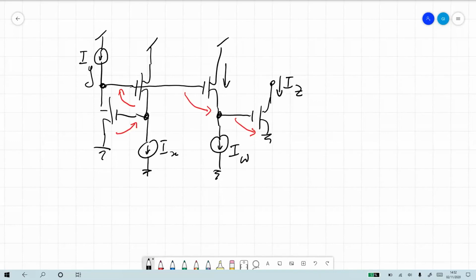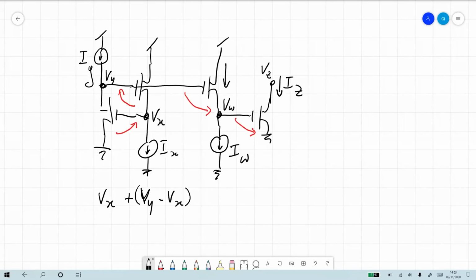I mean, we can write it. Let's just give them some names. This is Vx, this is Vy, this is Vw, and this is Vz. So the first VGS is Vx. The second VGS is Vy minus Vx. Then the third VGS is Vw minus Vy. That is going down, so we have to say minus. Sorry, it's plus.